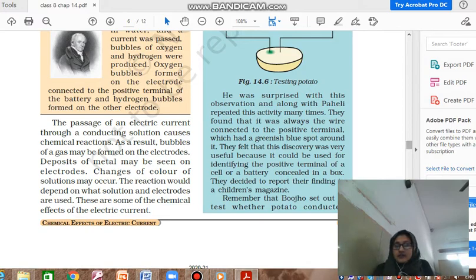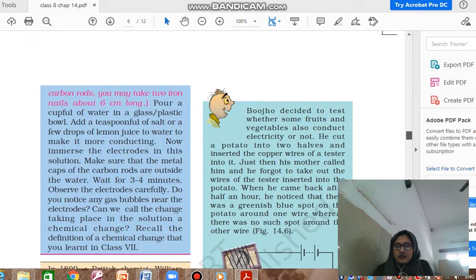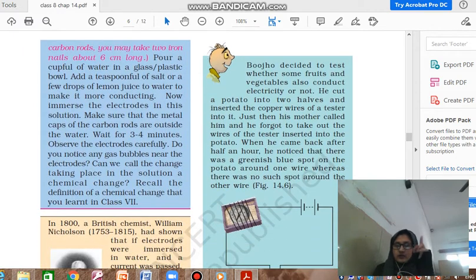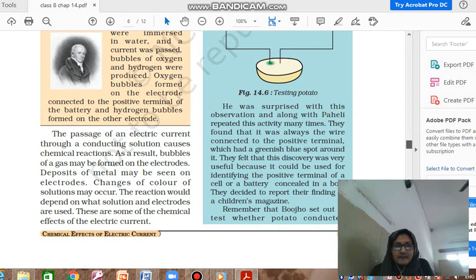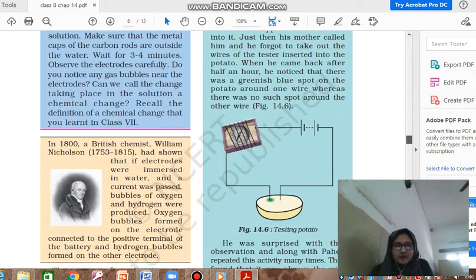So there are certain chemical effects described here. The first one, a change in color. The second one, some deposition on the electrodes. And the third one, bubbles of gas may be formed.